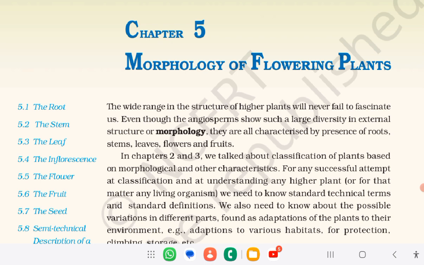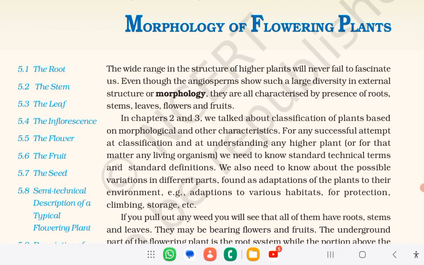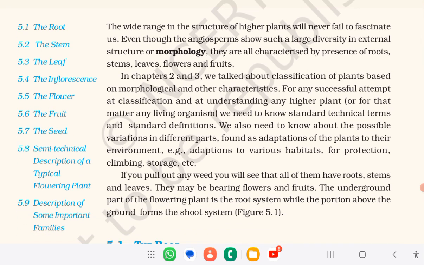We also need to know about the possible variations in different parts found as adaptations of the plants to their environment. For example, adaptations to various habitats for protection, climbing, storage, etc.